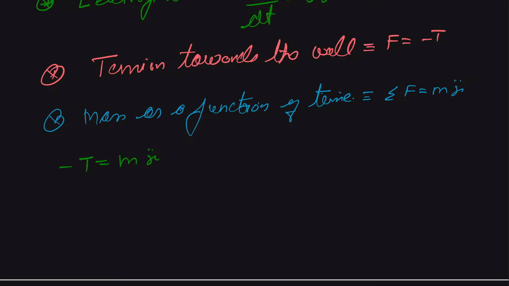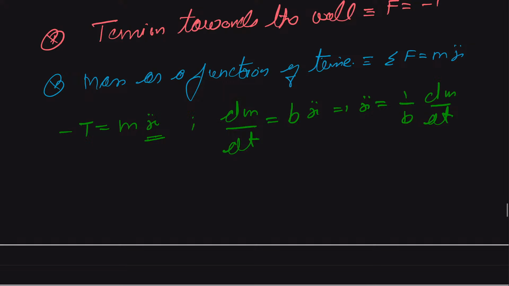Okay. Now we can use our leakage law, and that is our dm by dt is equal to b, and remember this b is a constant. And for that, from here we can write that our acceleration is equal to 1 upon b dm by dt, and we can substitute it in the acceleration part.